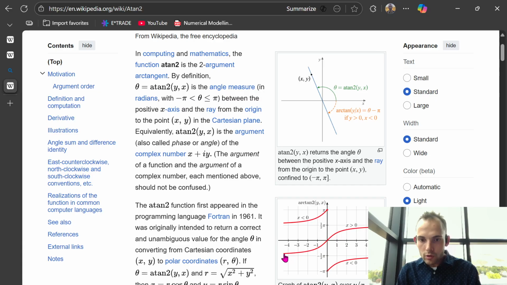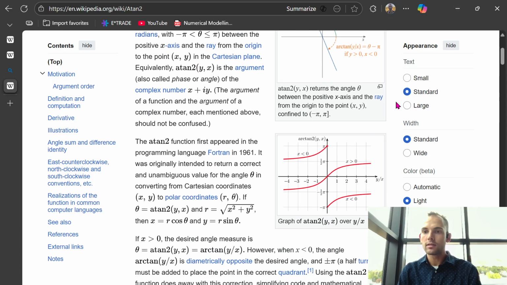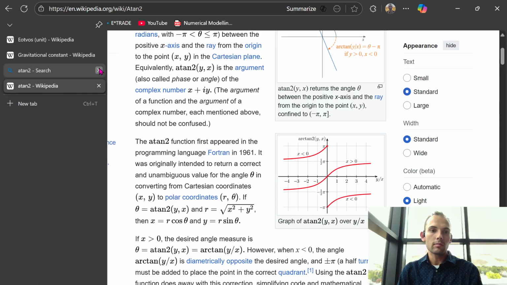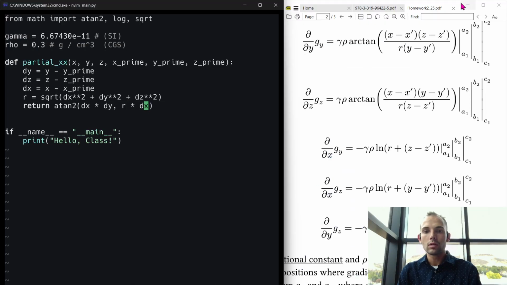So arctangent only covers this middle line, but arctangent 2 also includes these top lines for different arguments y over x, depending on the sign of x. Okay, maybe that's too obvious, but sometimes people don't know the difference between arctangent 2 and arctangent, so I think it's good at least to repeat that.